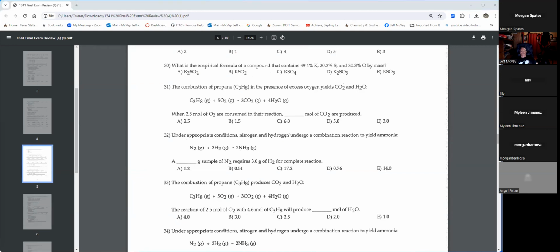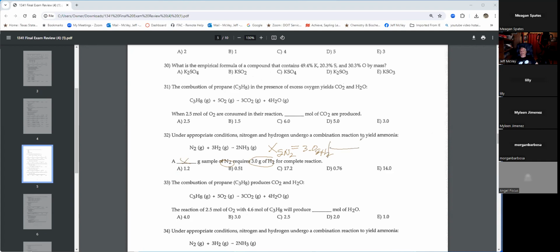Okay, under appropriate conditions, we've got the same reaction. A blank gram sample of N2 requires 3.0 grams of H2. So this is just straight up stoichiometry. X grams of N2. This is a gram to gram stoichiometry, okay? What do you have to do when you're given grams and you're asked to do stoichiometry?